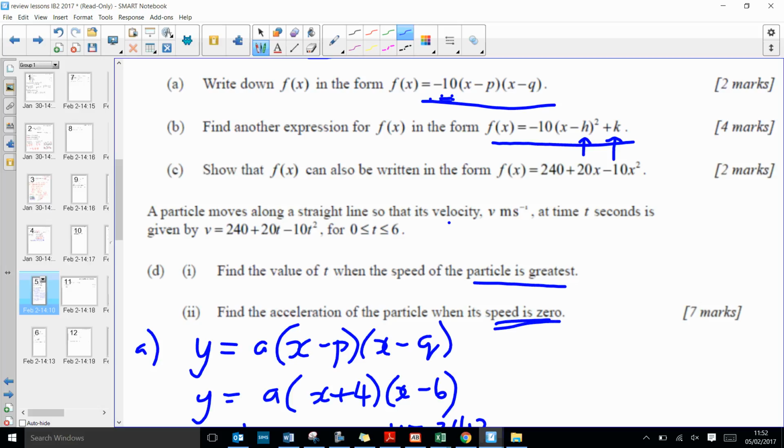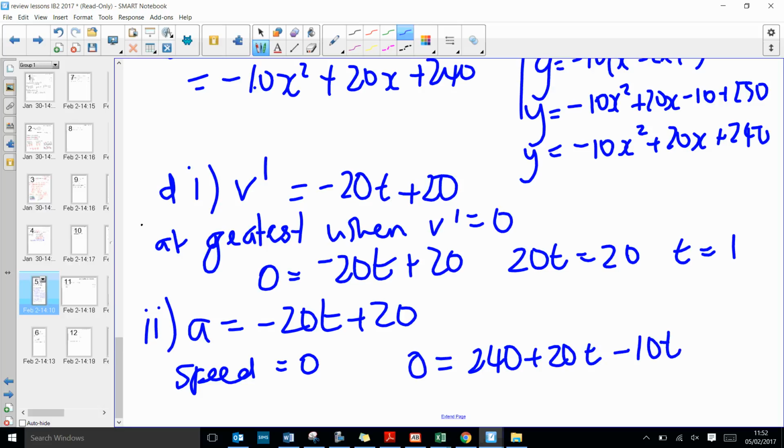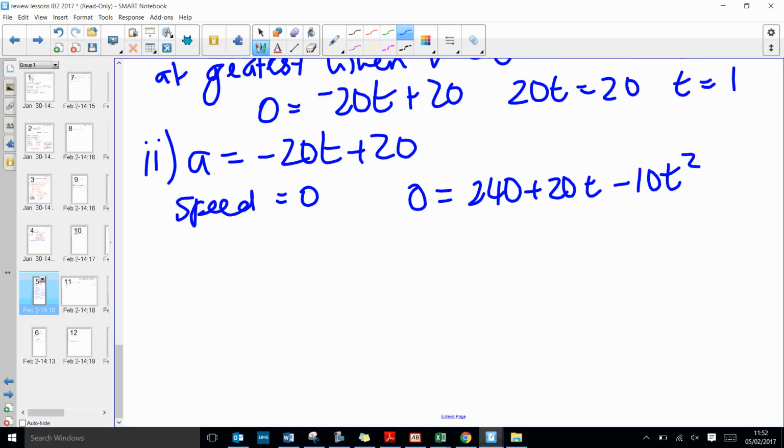So first of all we need to find that. We find the speed at 0 by placing 0 in place of the v. So we would have 0 equals 240 plus 20t minus 10t squared.